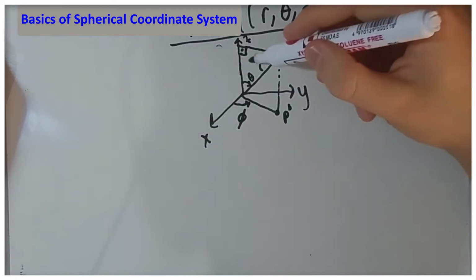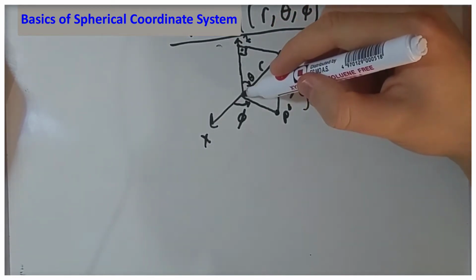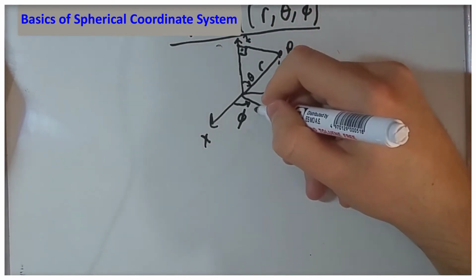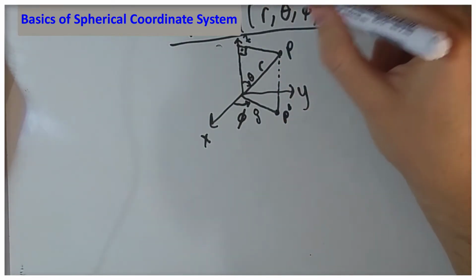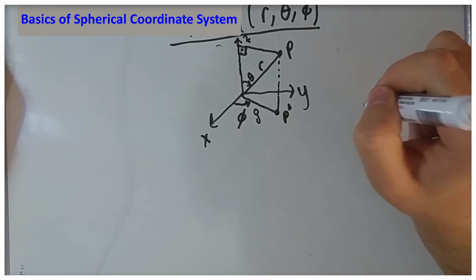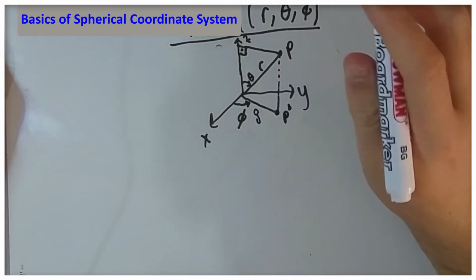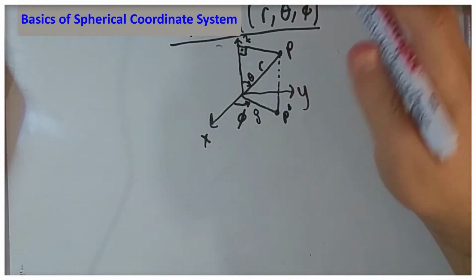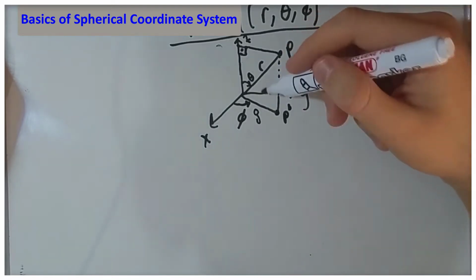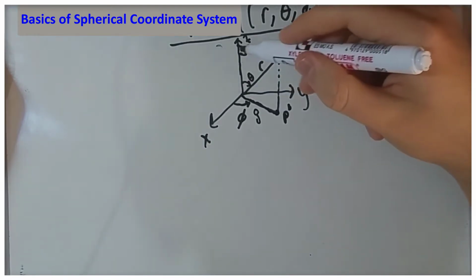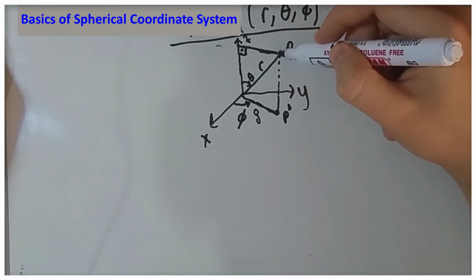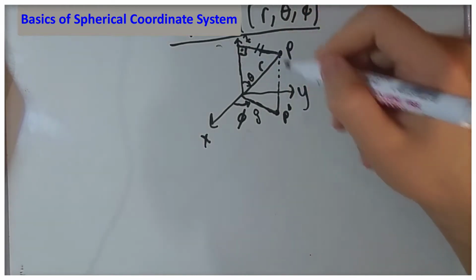Now if you notice friends, you know that length was rho. But if you pay attention, there is no length called rho in this coordinate system, because rho is an element of cylindrical coordinates. Now there is help from this point: that length is equal to the vertical projection that I dropped there.